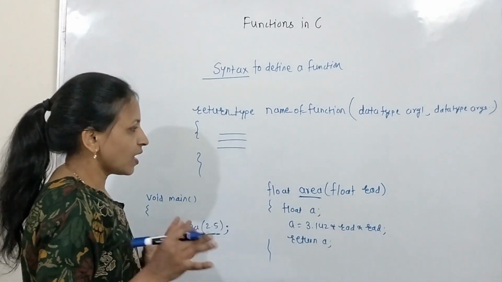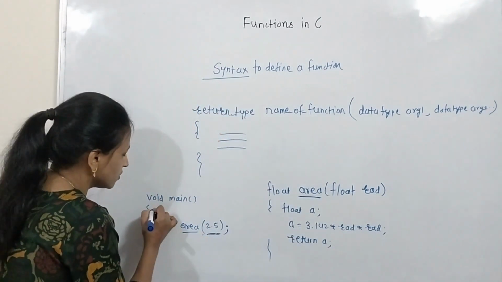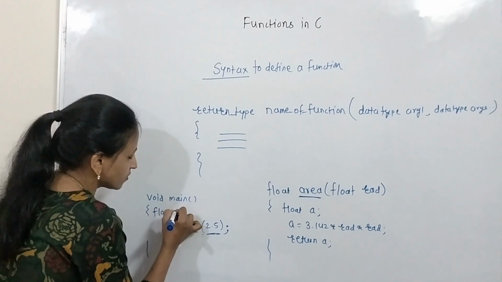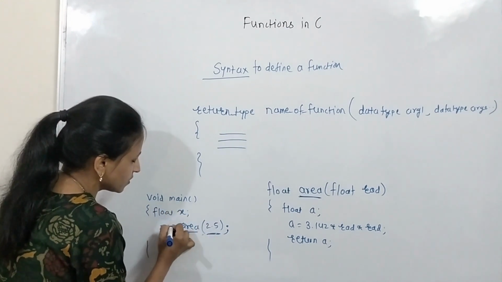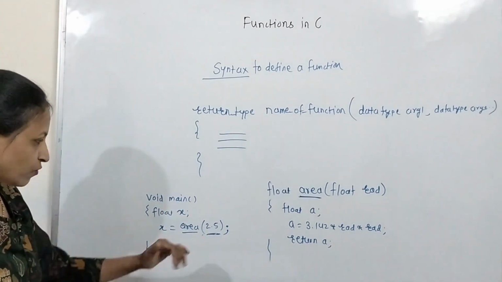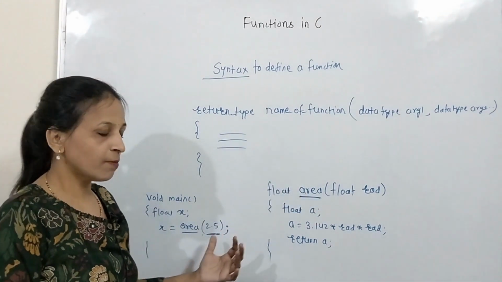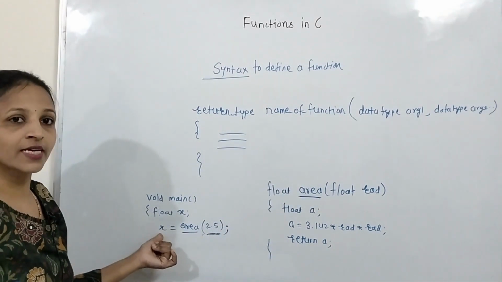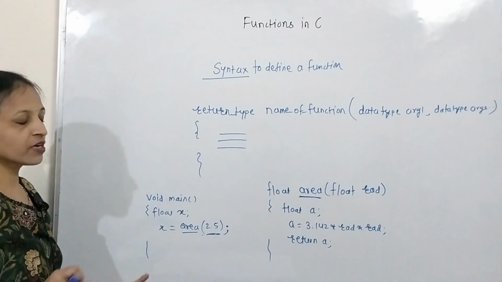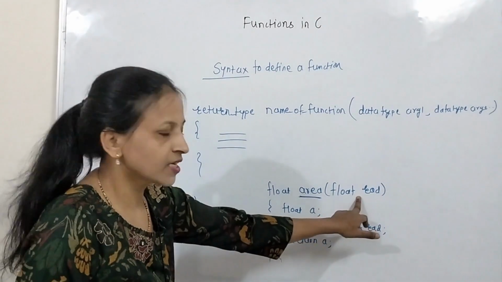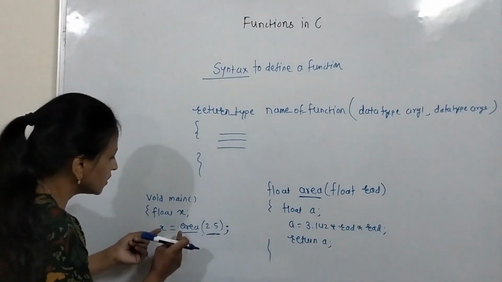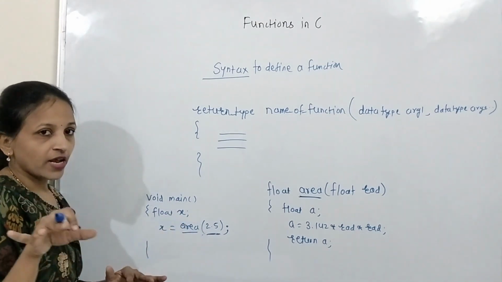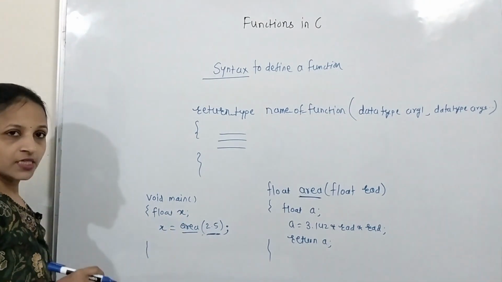And see what will happen here exactly. Here suppose I am writing like this, float x, and then x equals area 2.5, meaning whatever area is calculated by that function, that will get stored inside that x. Now how it will work, first we will see that, then you will get an exact idea about this argument. See, execution will always start from main.